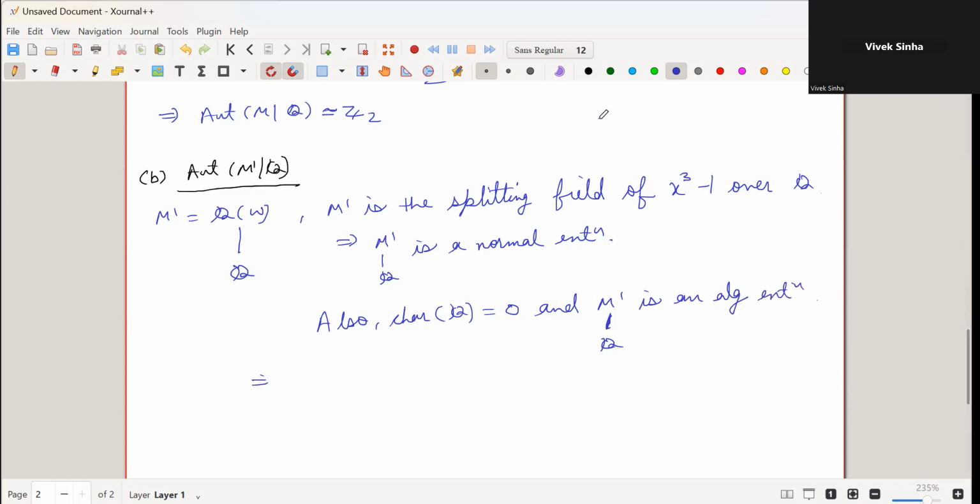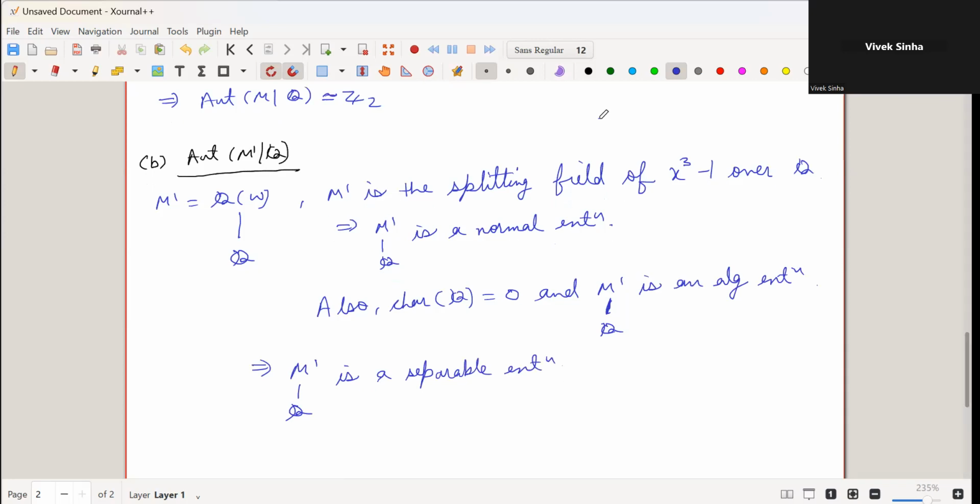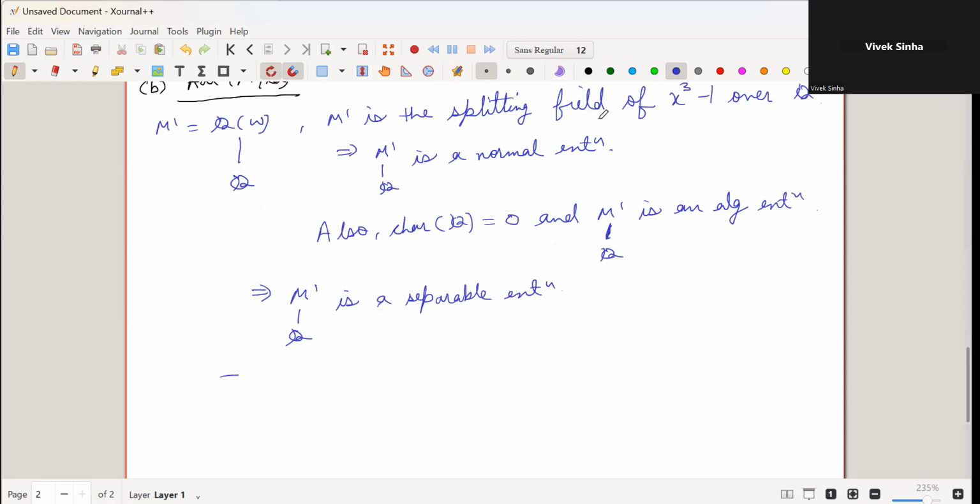This implies M dash over Q is a separable extension. And combining both, you can say that M dash over Q is a Galois extension.